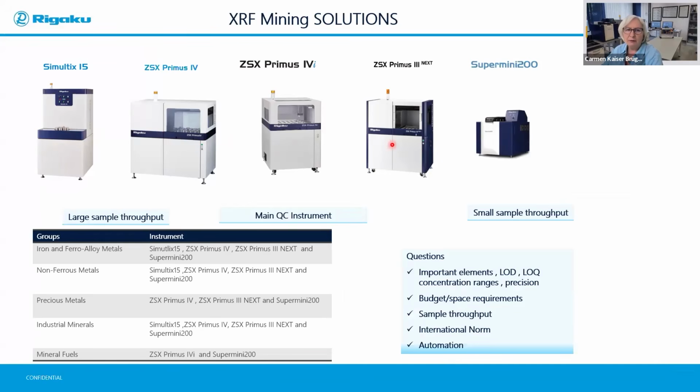And they also all have different combinations of hardware and geometry. So geometry meaning the relation of the tube to the sample. And then lastly, we also have a benchtop unit. So in the next few slides, I will show you, for example, some applications related to these products that you see here.